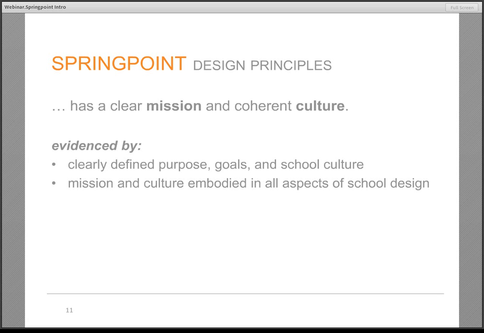So this means that really design teams have worked to create a coherent adolescent learning environment. All the elements of the school support and extend learning experiences and are aligned to the mission. And all the adults in students' lives are committed to a common vision and build those relationships, and really that there are structures that support that.